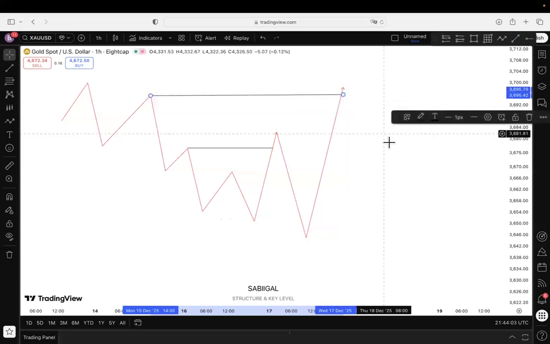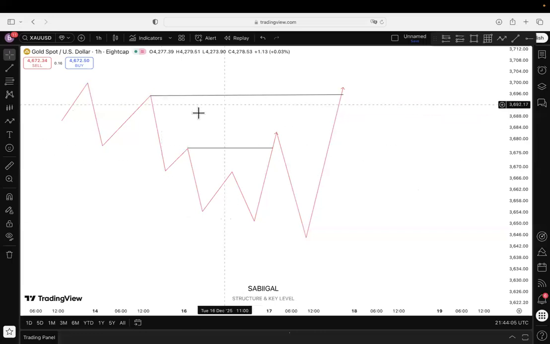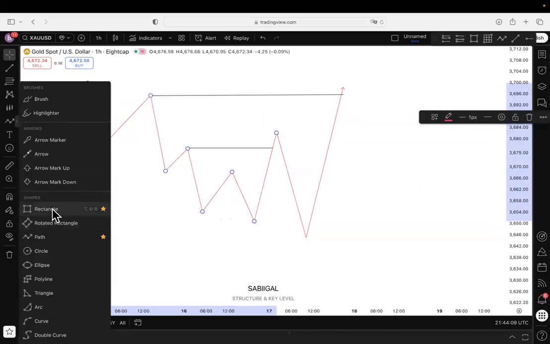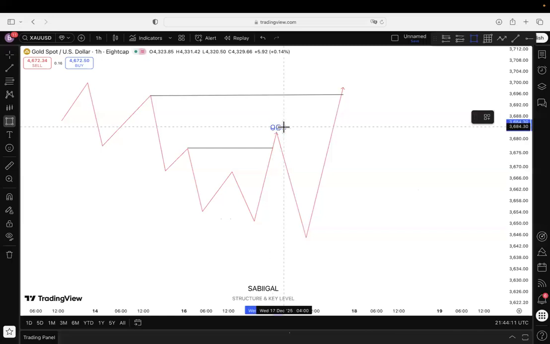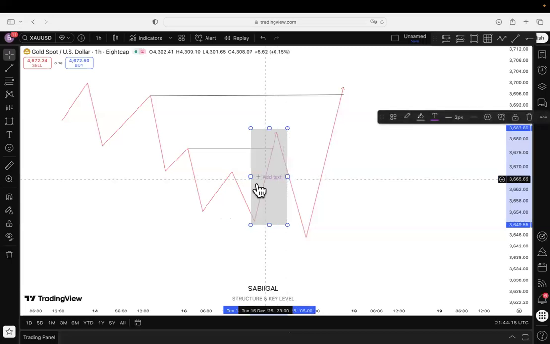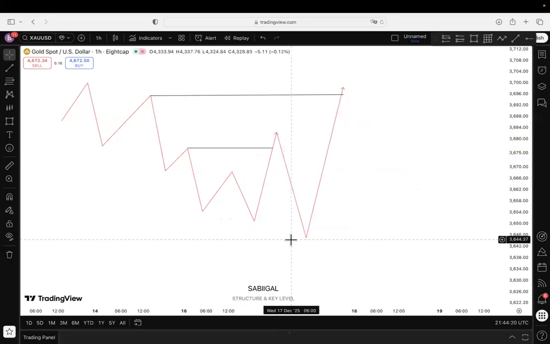Firstly, what you should know is that after this change of character happened here, this thing that is here in the advanced market structure is almost like there is nothing here. This particular place, it's just like it doesn't exist, which means that you cannot buy or sell.